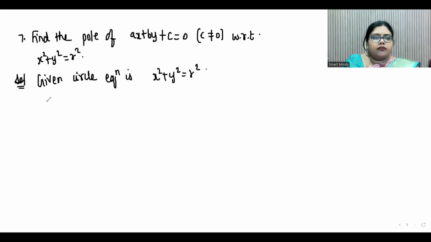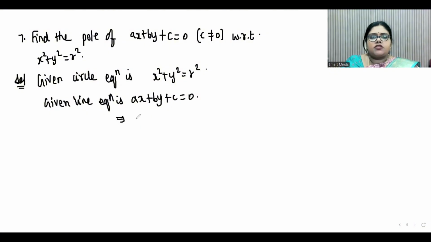And what is the given line equation? The line equation is ax + by + c = 0. Here we are comparing this with lx + my + n = 0.